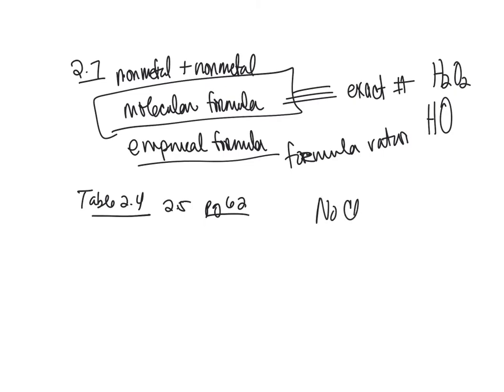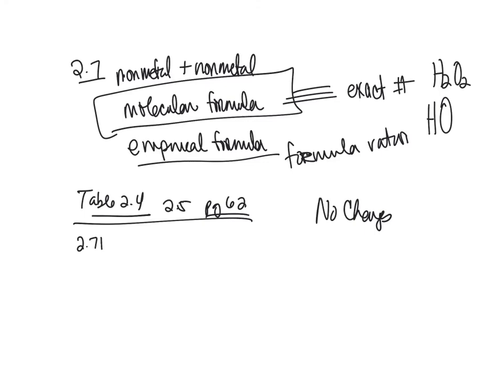I'll stress that: no charges. It also talks about naming simple acids. You do not have to do table 2.7 or organic functional groups in 2.8, so don't worry about those. If you need to refer to those when you're doing your homework, you can. But right now, you just need to recognize if you're going to use these prefixes.